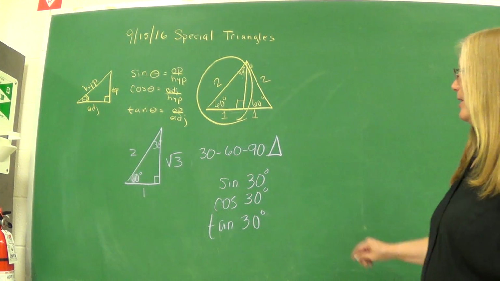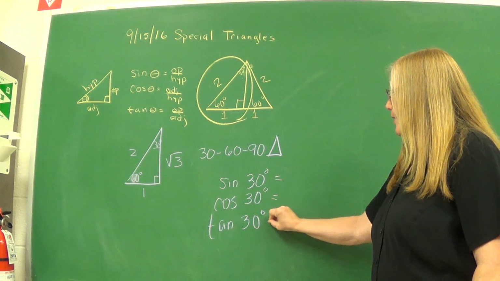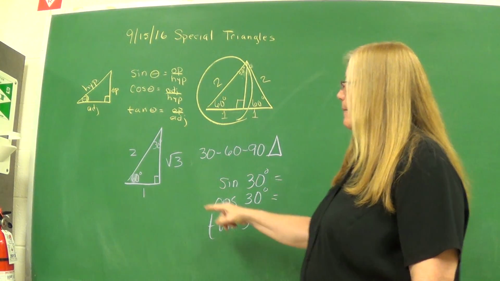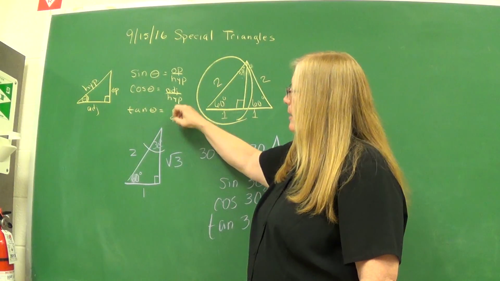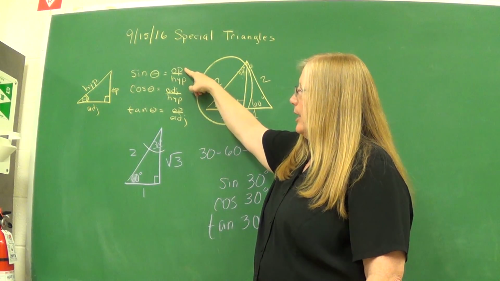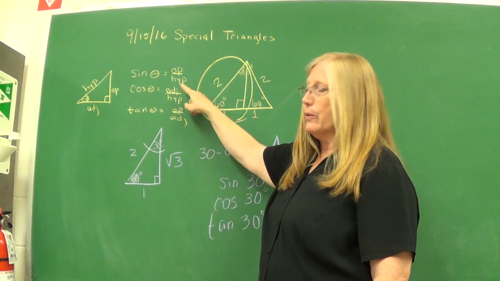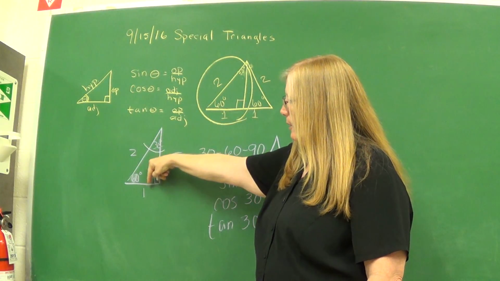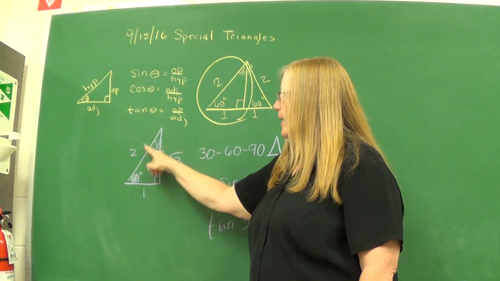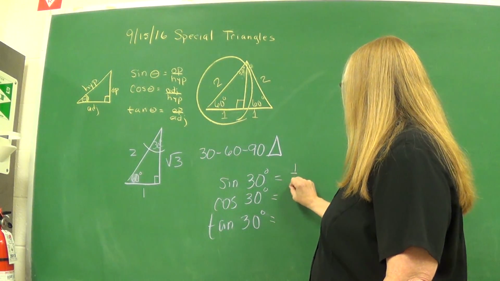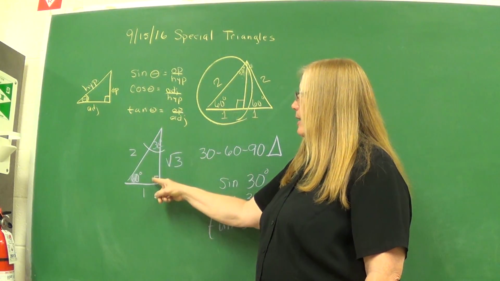Alright, so now we can fill these in. The sine of 30, here's the angle 30. We want opposite of 30 divided by the hypotenuse. What side is opposite 30? 1 divided by the hypotenuse of 2. What's the cosine of 30?